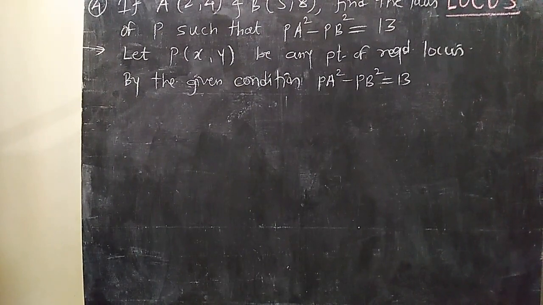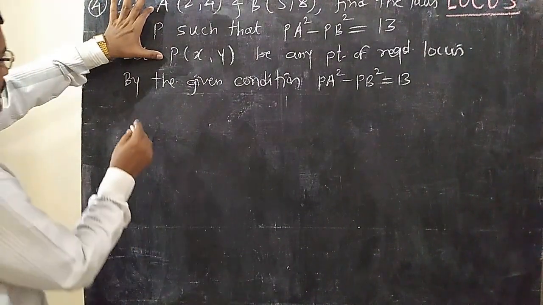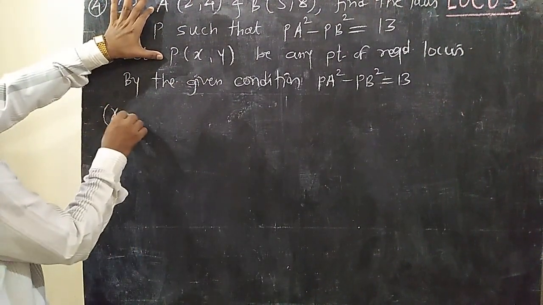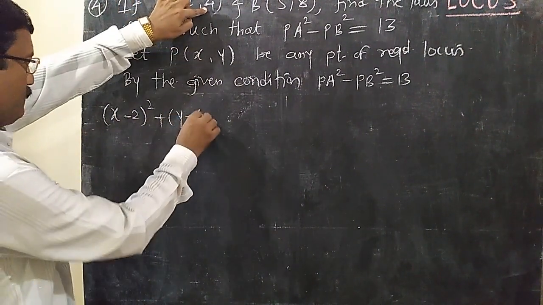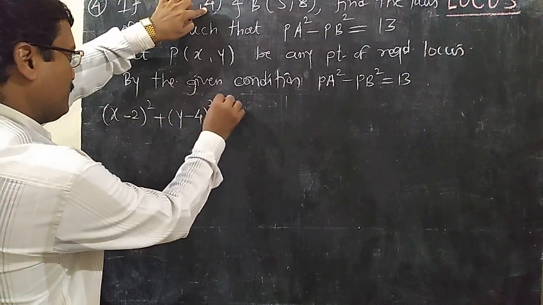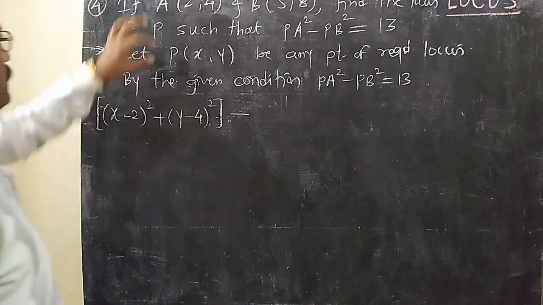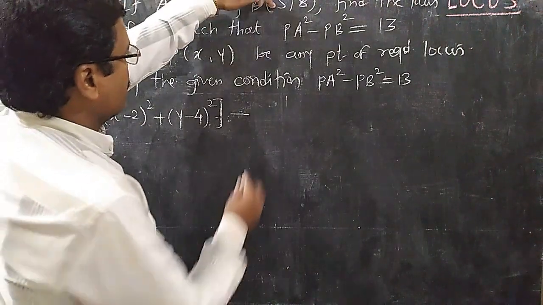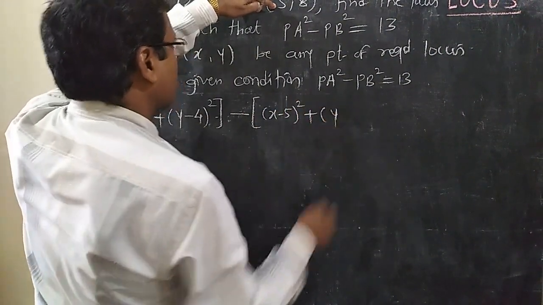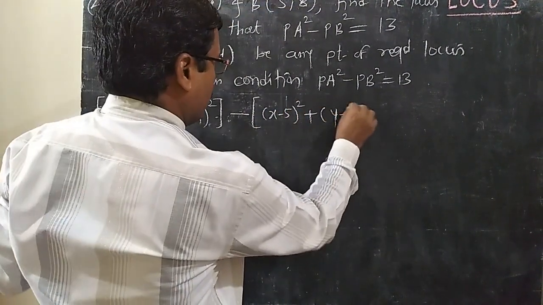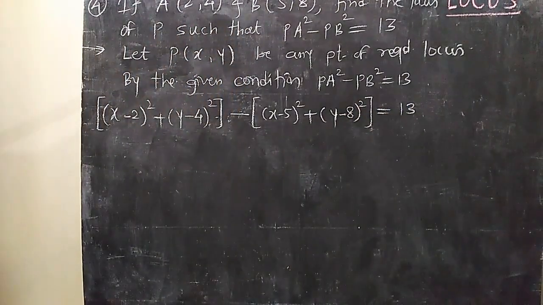We can write PA square. P is (x, y), A is (2, 4). So PA square is (x minus 2) bracket square plus (y minus 4) bracket square. This is the first part. Minus the second, PB square, that is (x minus 5) bracket square plus (y minus 8) bracket square, and that is equal to 13.